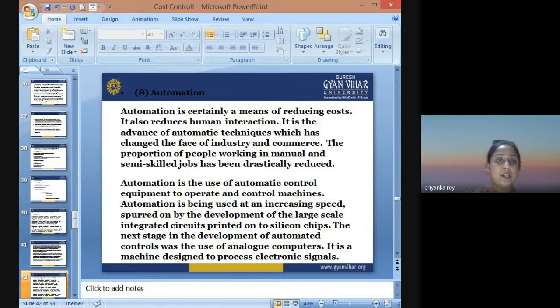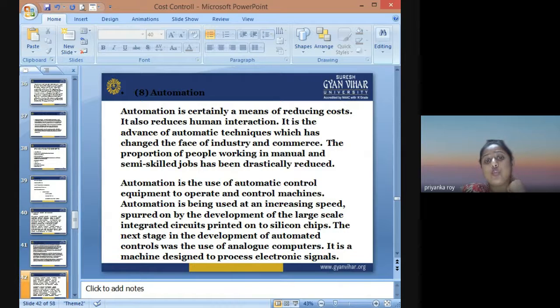Now, automation is certainly a means of reducing cost. It also reduces human interaction. It is the advance of automatic techniques which has changed the face of industries and commerce. The proportion of people working in manual and semi-skilled jobs has been drastically reduced.